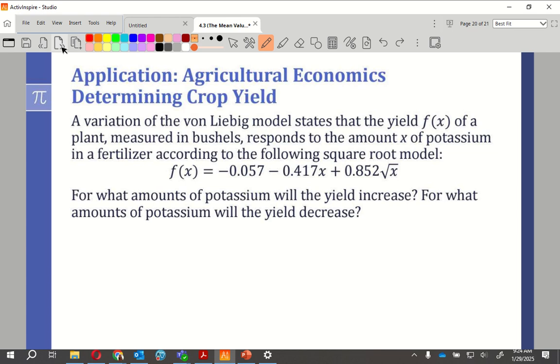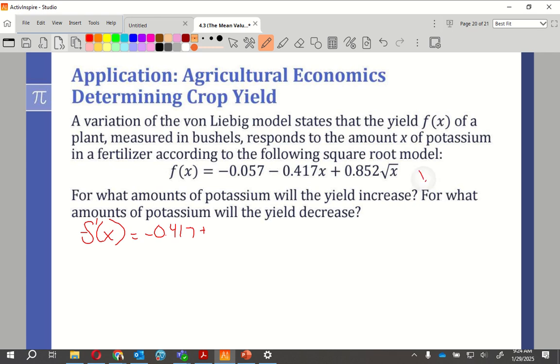Okay, so let's go ahead and do this then. So from here, let's take the derivative. So I get f prime of x equals negative 0.417 plus what? Anyone math this one?